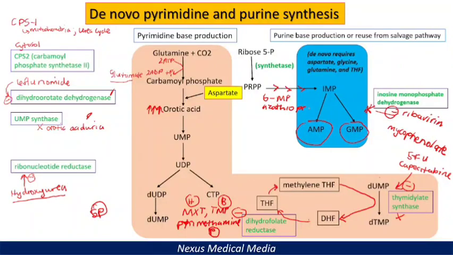So these are the steps in the synthesis of pyrimidines and purines, the different enzymes used, and the drugs that can be used to inhibit some of those steps.